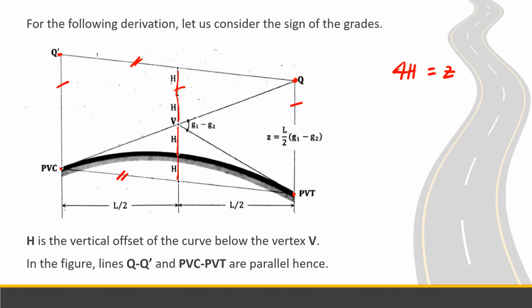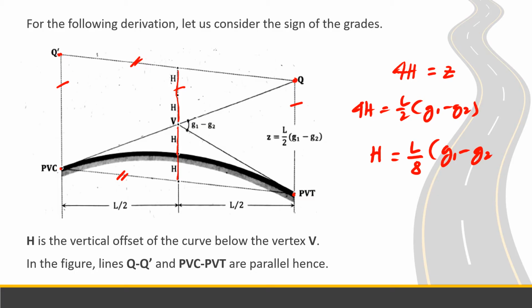Substituting the value of Z, we will get 4H equals L over 2 times G1 minus G2. So the vertical offset H equals L over 8 multiplied by G1 minus G2. Okay, so that is the value of our vertical offset.